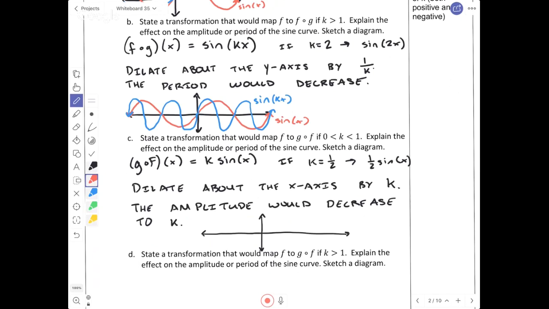So it would be like if we had my original sine function. There it is again. Should be getting used to it. That's sine of x. And then now we stretched it out. That would be, oh, I made k double. Sorry.